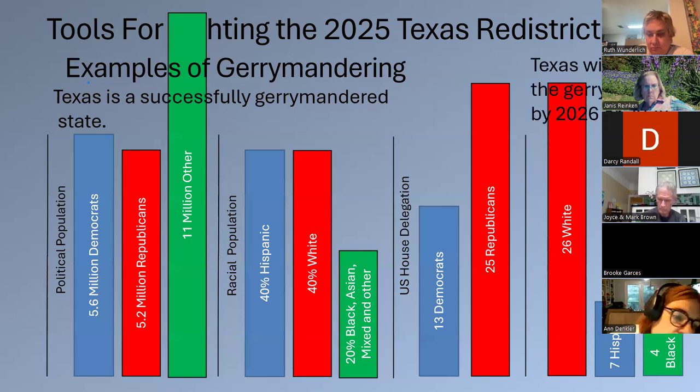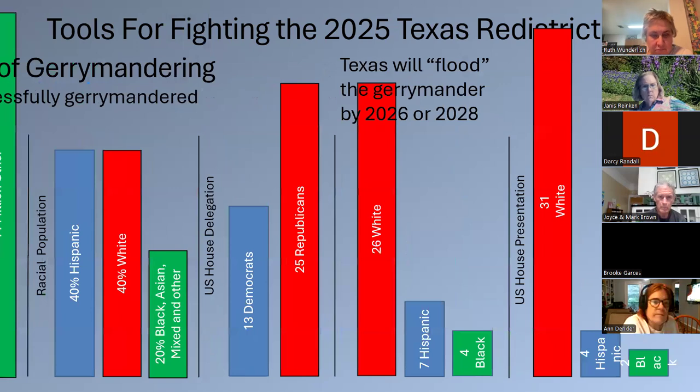And then, as I mentioned before, it'll flip in 2028, they're telling me. This is the only slide I could add today. The proposed representation is 31 white, 4 Hispanic, and 2 black. In other words, we have just basically half the minorities in the Texas delegation.